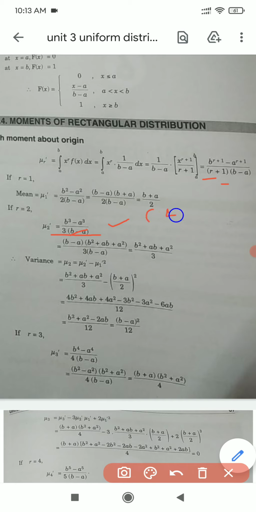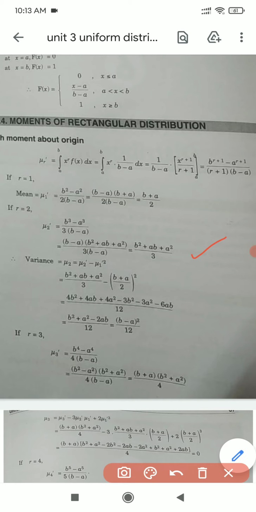It will be b minus a into b square plus a square plus ab, right? This b minus a and this b minus a will be cancelled. We will be left with b square plus a square plus ab.